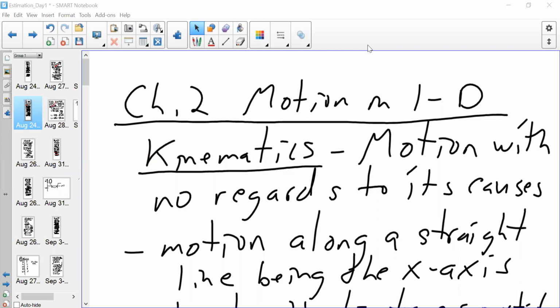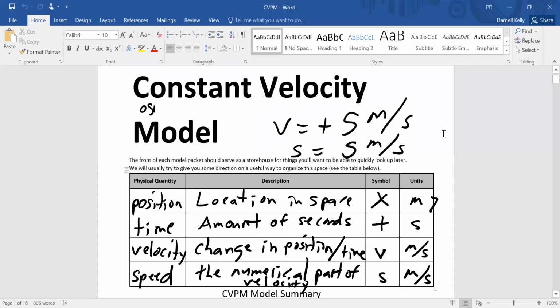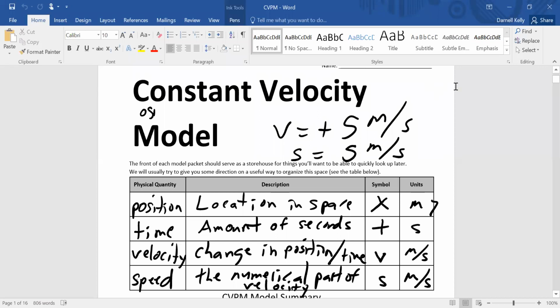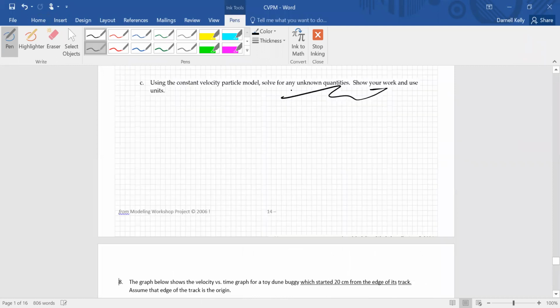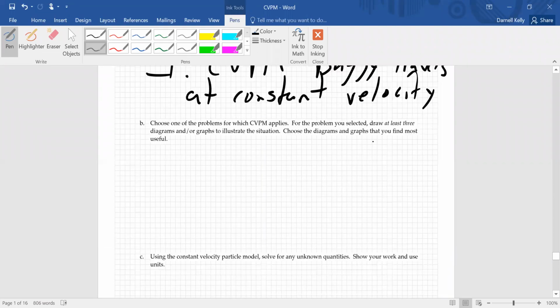New share. All right, I've written on it before, so it's going to be easy to follow along. Everybody have this? Constant velocity model, either in your hand or on screen. I like this because I can save this as a Word document from PDF, so now I'm able to write on it pretty well.